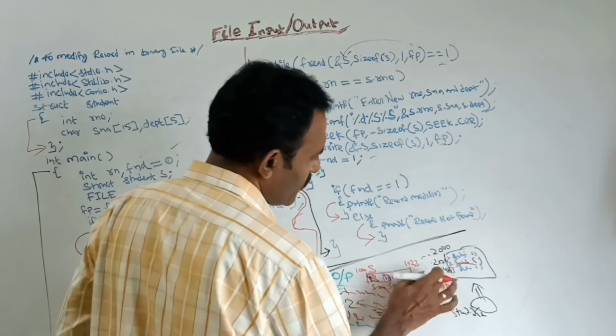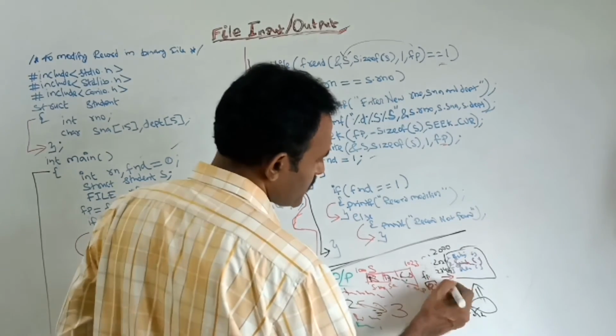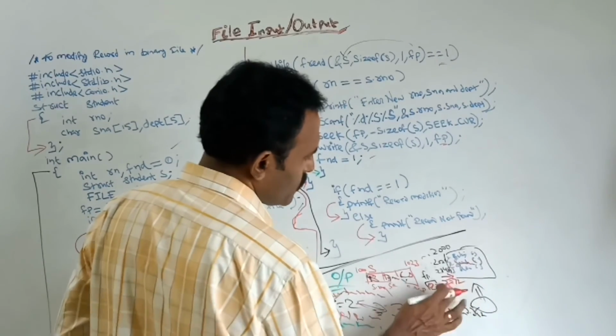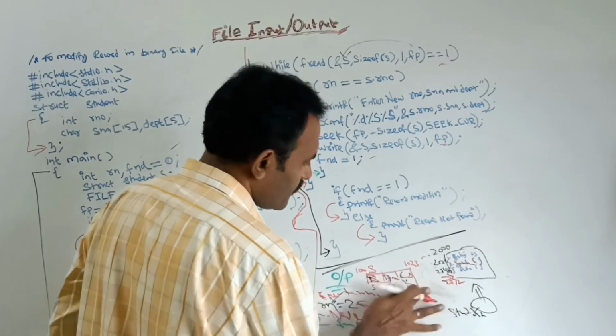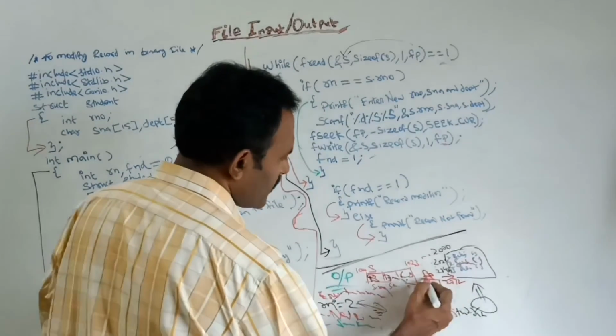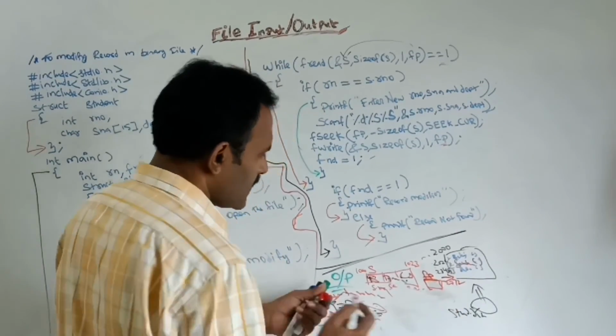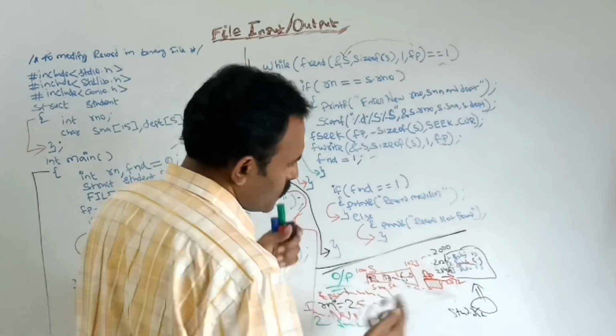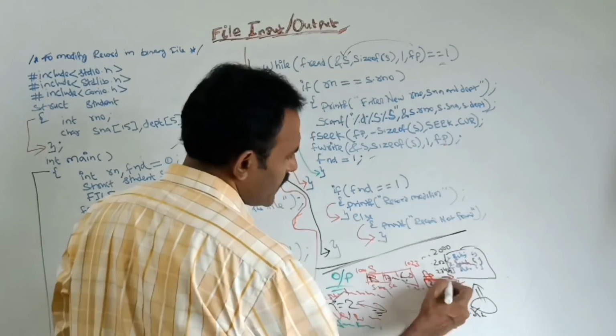So now the file pointer moves to the 2072th address. See, the file pointer fp now fetches the address 2072. This is the end of the file.